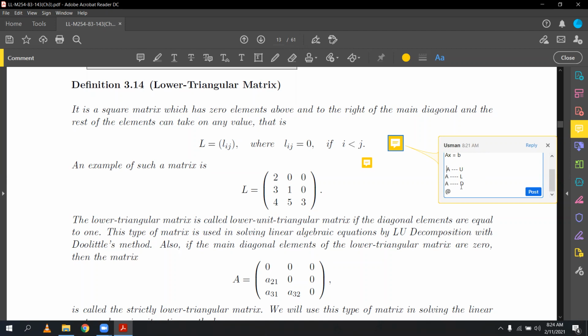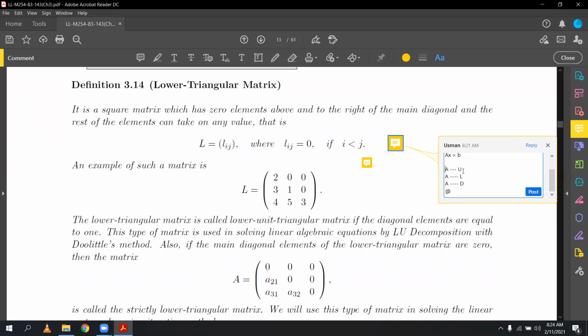Now, when we use a method to convert A into U or L or D, then we have the condition that what happened to U, the same thing happened to A. What happened to L, the same happened to A. What happened to D, the same happened to A. So it means we find the equivalent matrix of A, which we call U, L, and D. So when you convert A into U, then you can simply say, what is in the diagonal element of U?